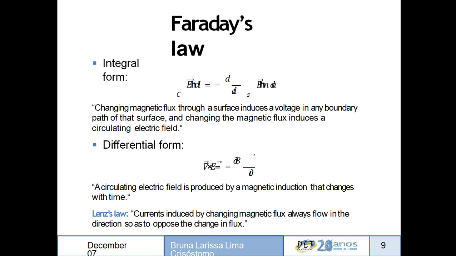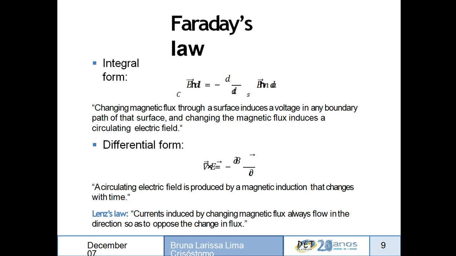That's why we have taken the closed path integral of E dot dl, and it will be equal to the rate of change. To show the rate of change we have used del by del t, which is the rate of change of magnetic flux enclosed by the closed loop, and the total enclosed flux in that surface is the surface integral of B dot dA.